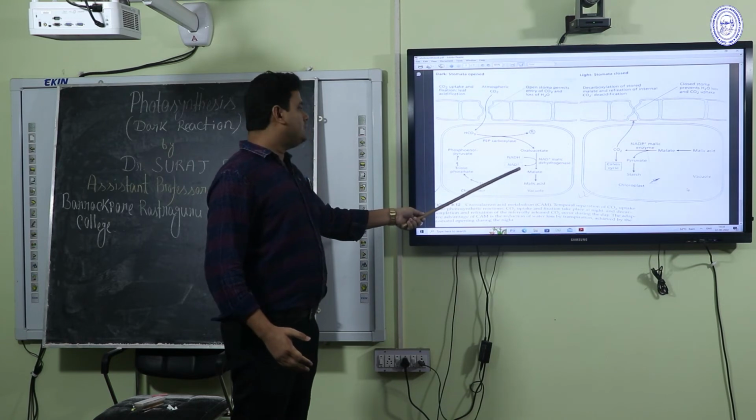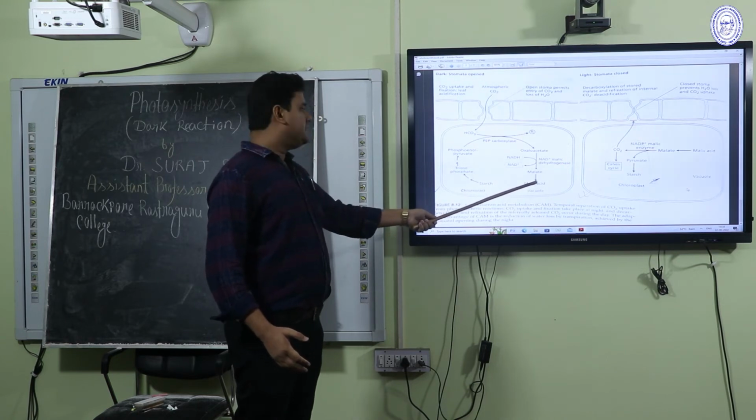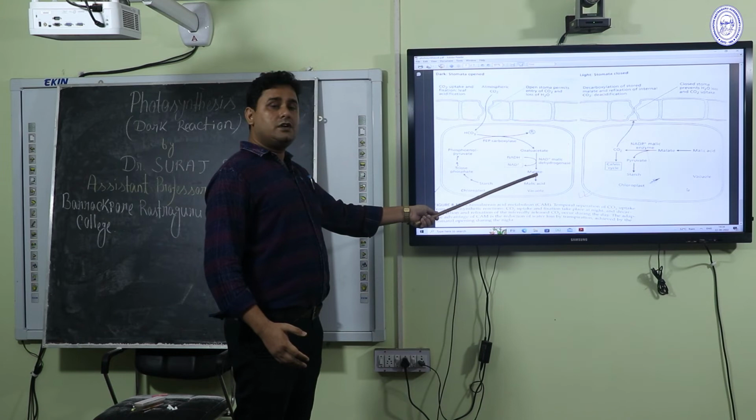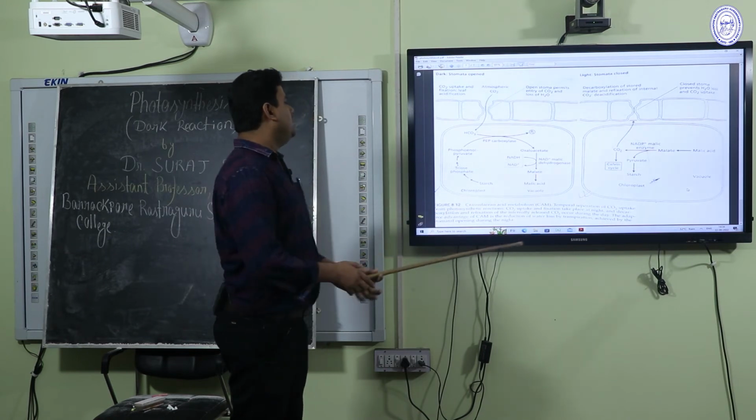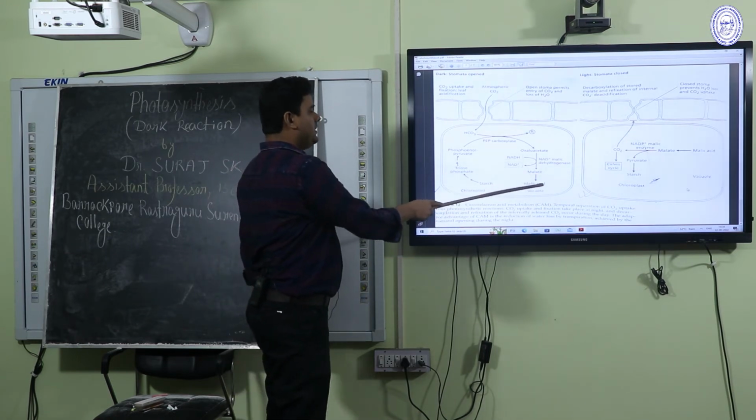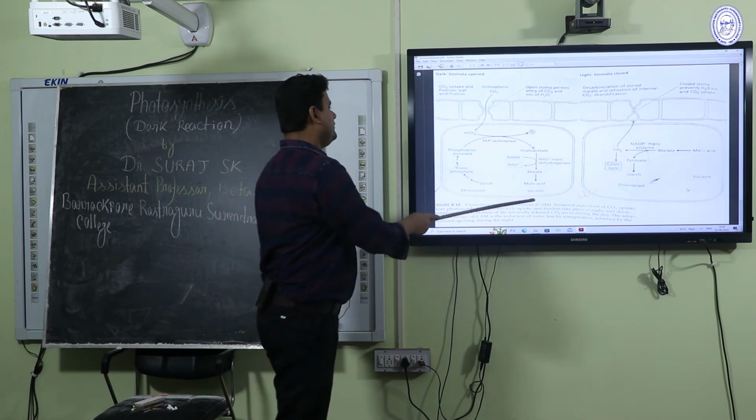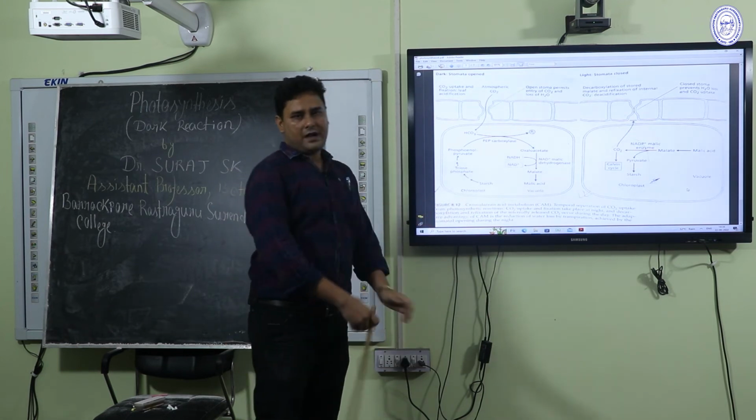Oxaloacetate will be converted into malate, another 4 carbon compound, and ultimately malate to malic acid. Then it goes to the vacuole.